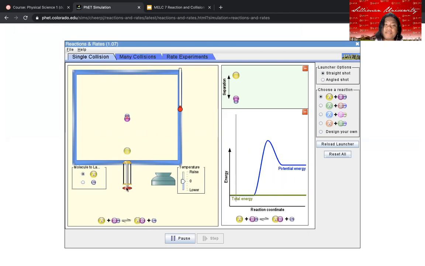So let's say we'll just give a minimal energy below the activation energy. We will give some energy, and all right, just below the activation energy needed.